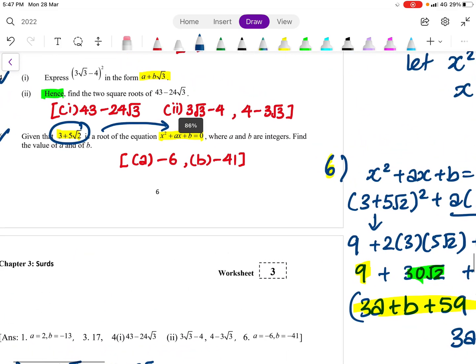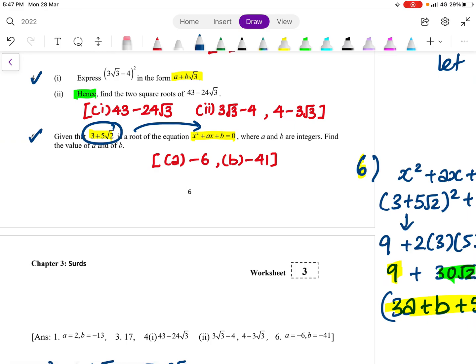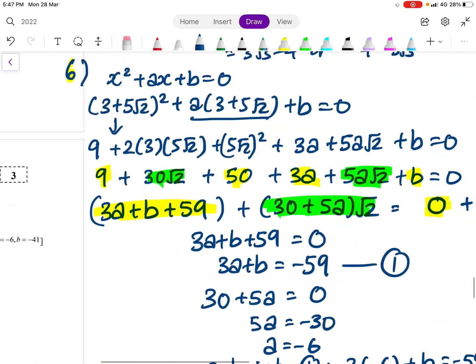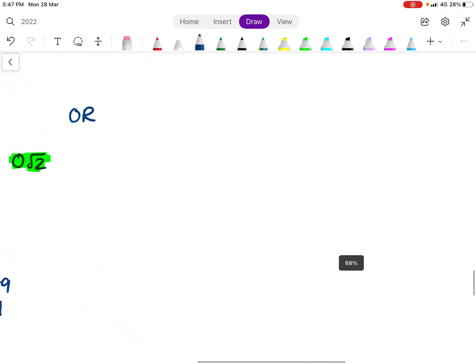Okay, if you don't like this method, then you wait for a while. I will show you another method. They say that this is a root, right? That means from the quadratic expression, I can use the quadratic formula to find the root as well. So I show you another method, alright?